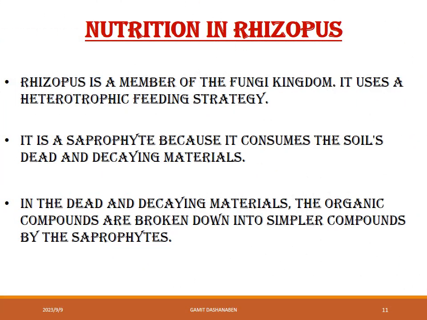Nutrition in Rhizopus. Rhizopus is a member of the fungi kingdom. It uses a heterotrophic feeding strategy. It is saprophytic because it consumes the soil's dead and decaying materials. In the dead and decaying materials, the organic compounds are broken down into simpler compounds by the saprophytes.